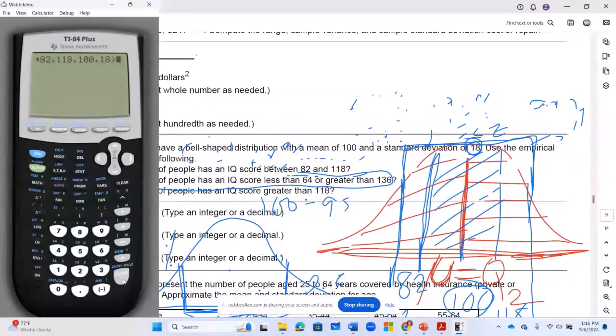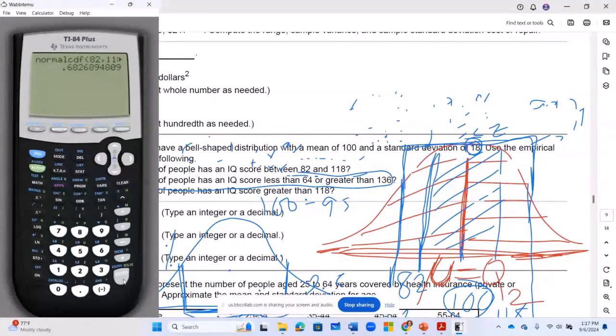And I'll say yes. It calculated it for me. And my calculator tells me that the area between 82 and 118 is actually slightly greater than 68. Because my calculator is more accurate, you are advised to use your calculator most of the time.